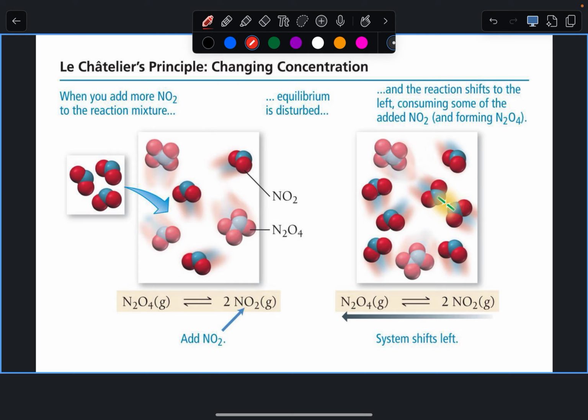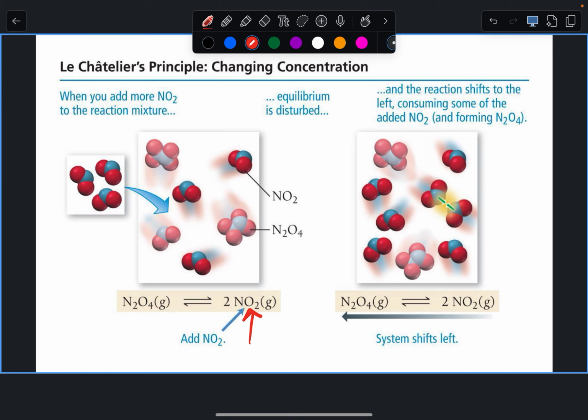So the reaction has to relieve the stress. The way it does that is by using up that NO2 and making more N2O4. So it shifts from NO2 to N2O4, because in that process, those NO2s are reacting with each other and turning into N2O4, and that gets rid of some of the NO2 that you put in there. When we say a stress, we mean externally we did something to the system.